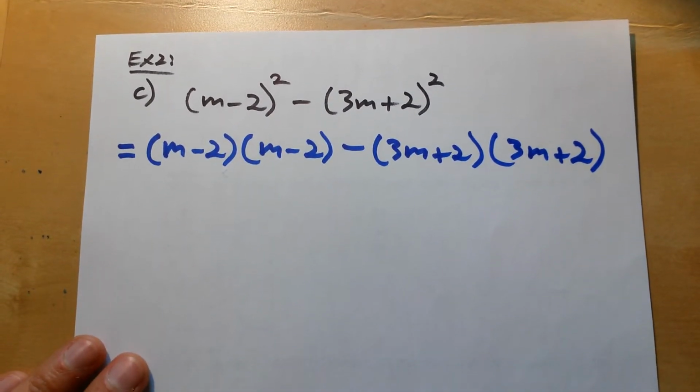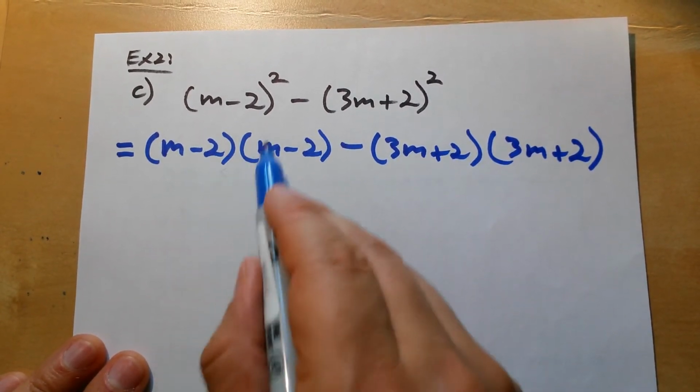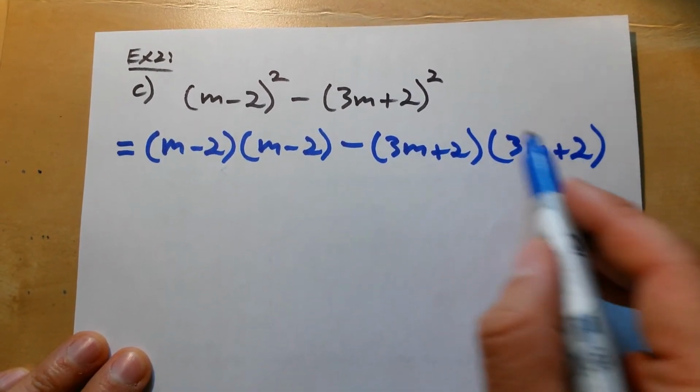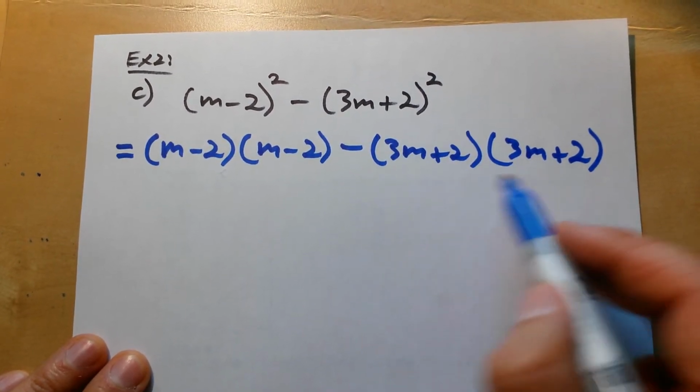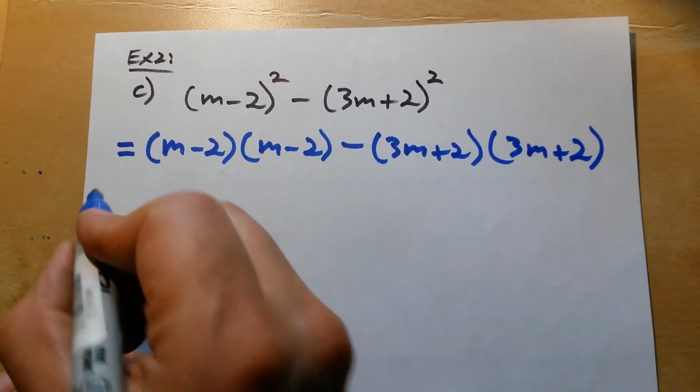Great. So now we expand this and we keep that result in brackets, and we expand this and we keep this result in brackets, especially because there's a minus in front of it. So let's do this expression first.